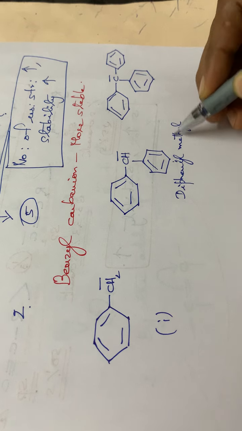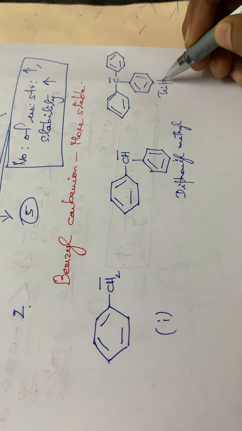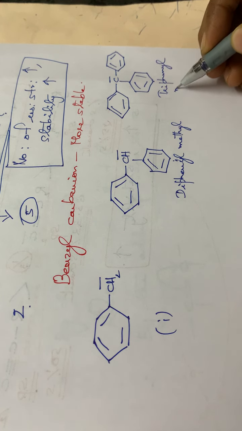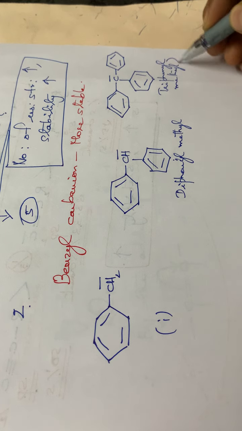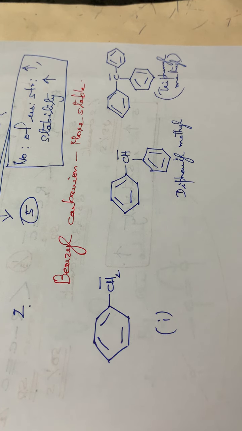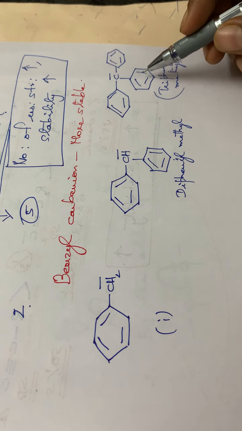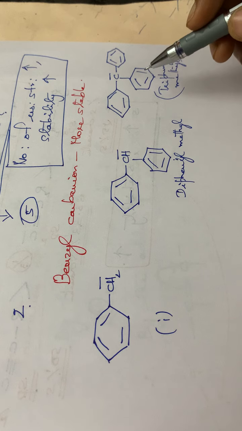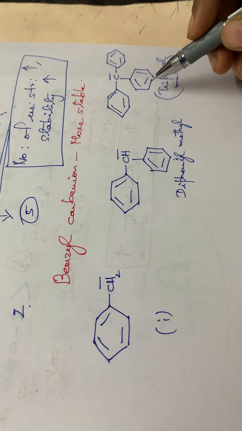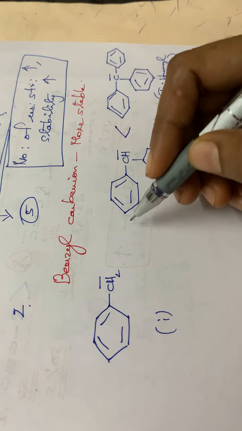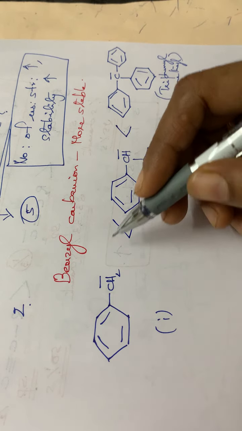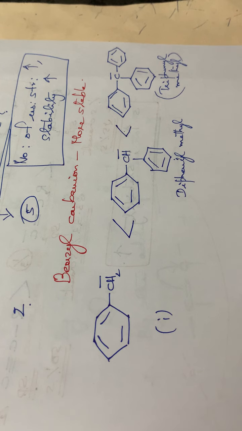The number of contributing structures is maximum in the case of triphenyl methyl carbanion. So we can say that triphenyl methyl carbanion will be more stable than diphenyl methyl, which is more stable than benzyl carbanion.